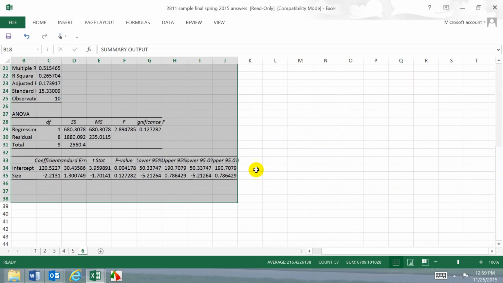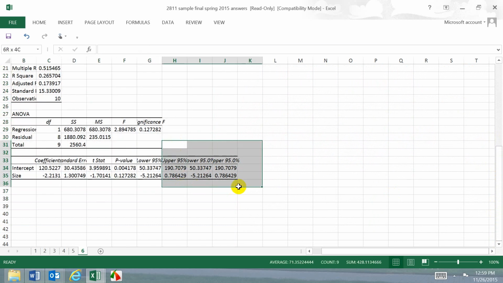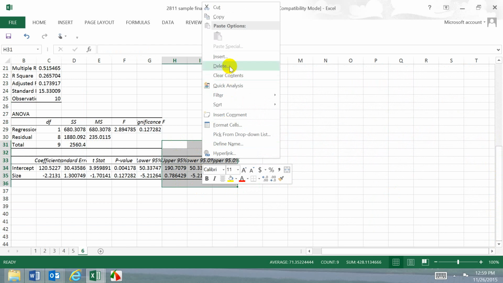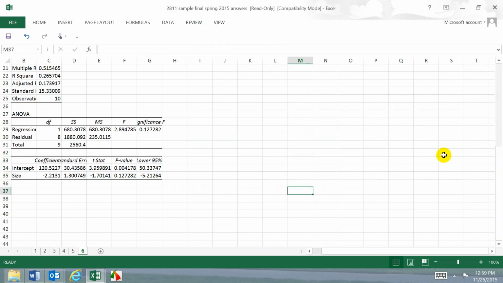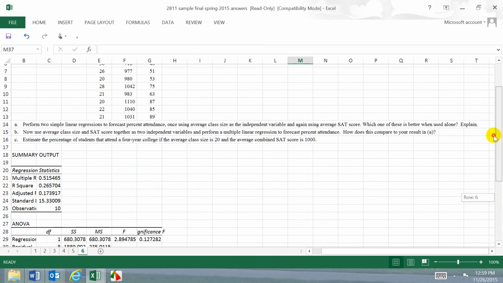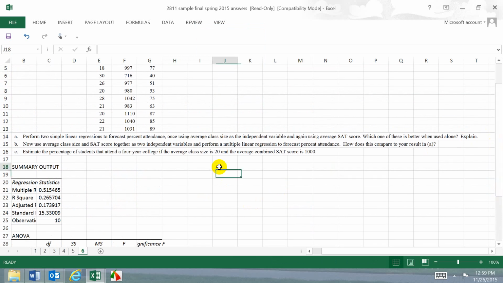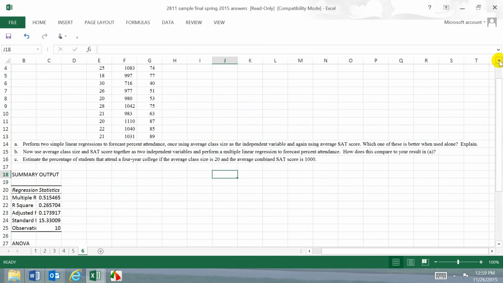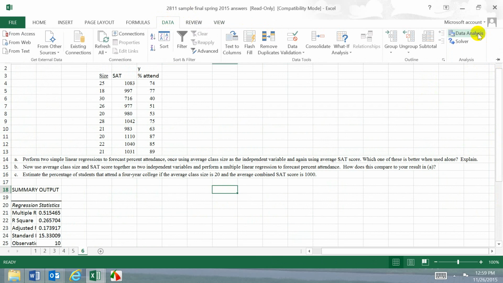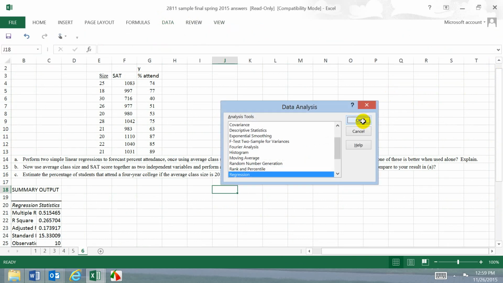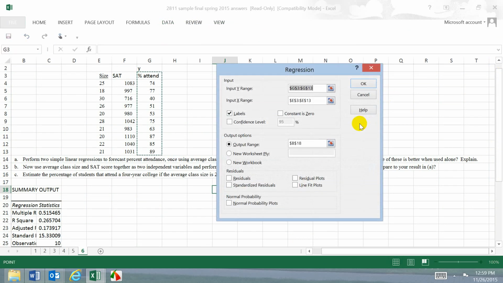Let me just remove these to save the space. Okay, now I'm going to do the same thing with the independent variable being SAT scores. The Y range stays the same because that's what we're trying to predict.